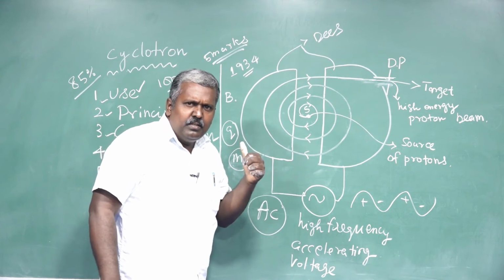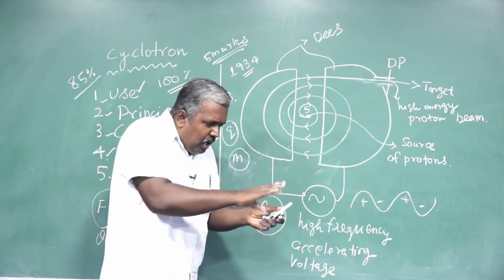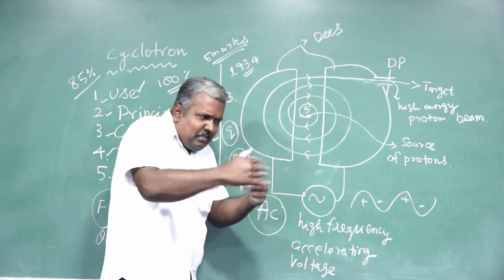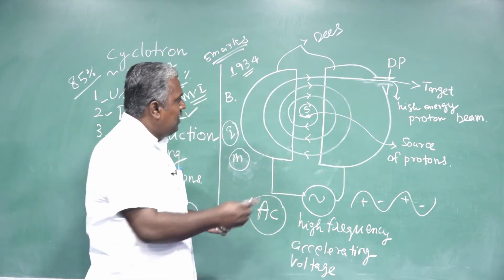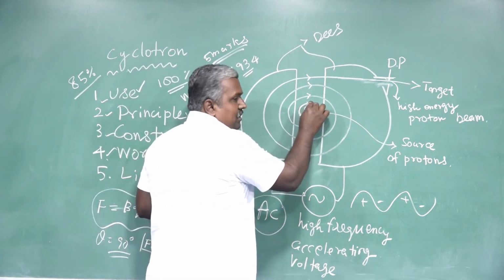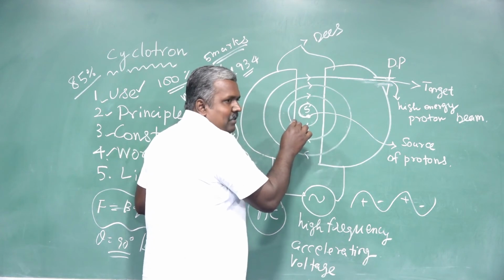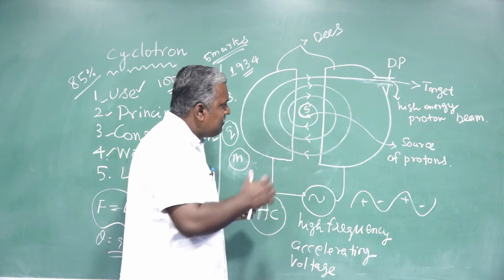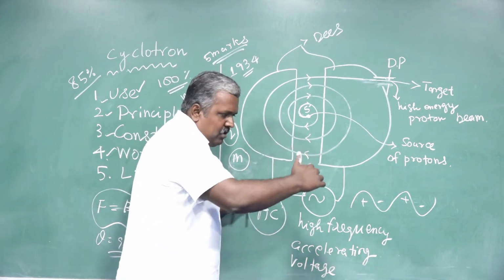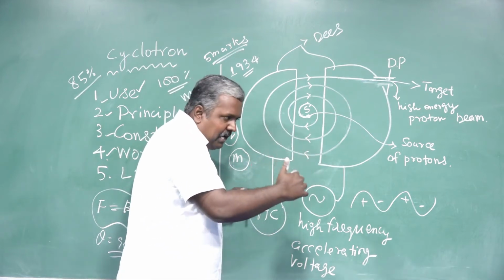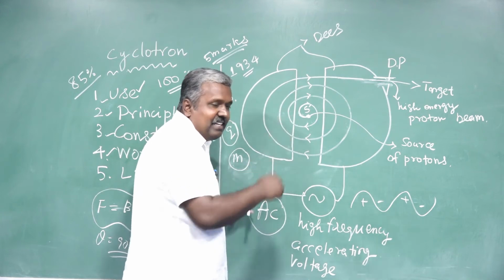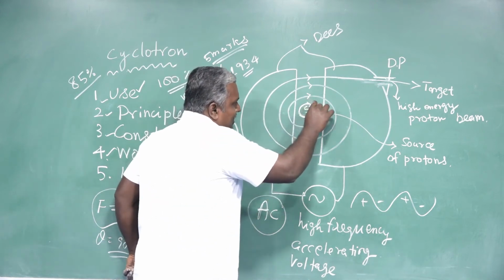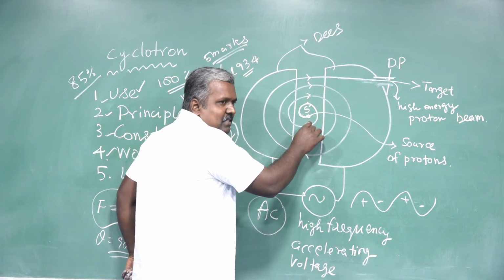Next, as already told you, the polarity of the Ds alternately gets reversed. So it is a circular path. Again, with the help of the high frequency oscillator or electric field, the positive ion is once again accelerated towards the other D, like this, with greater velocity.